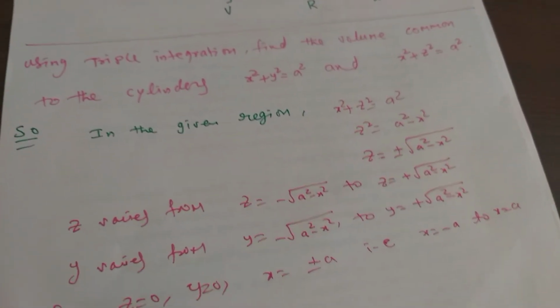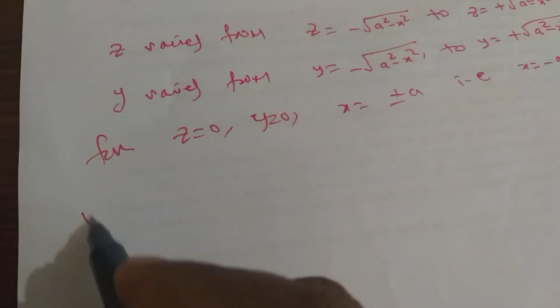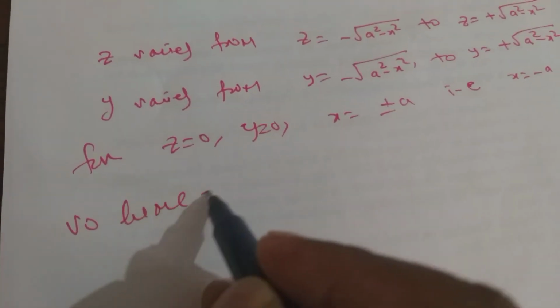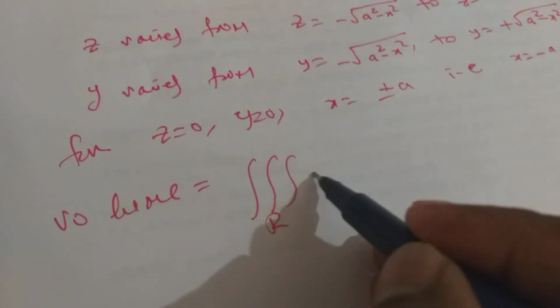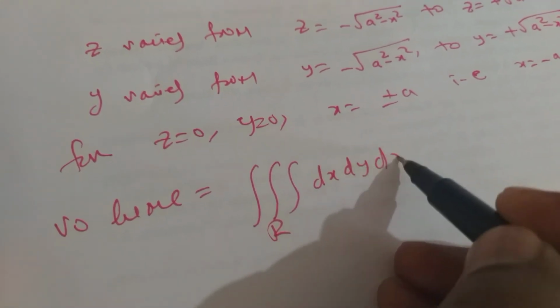So now the volume, we know the formula for volume equals triple integration over the region of dx dy dz.